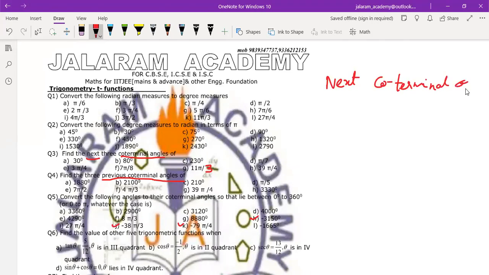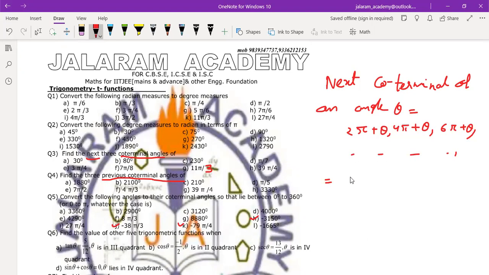The name itself suggests that the next coterminal of an angle theta is equal to 2 pi plus theta, 4 pi plus theta, 6 pi plus theta, and so on. Or we can say 2n pi plus theta.